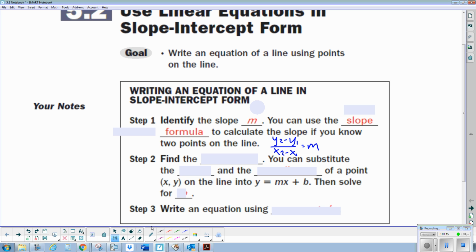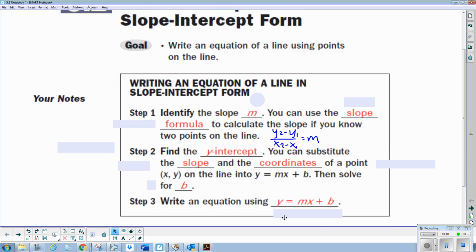The second step of writing the equation is to find the y-intercept. Sometimes it might be given, but sometimes we'll have to substitute the slope and the coordinates of a point, which are x and y, into the formula y equals mx plus b, and then solve for b, which is the y-intercept.